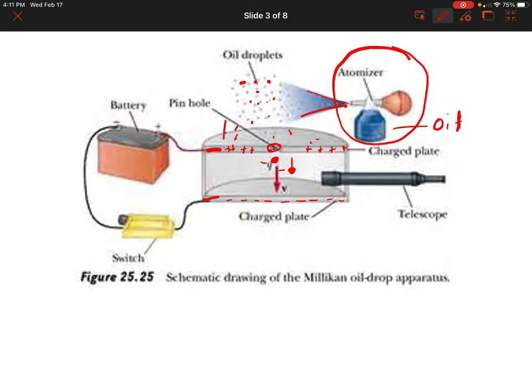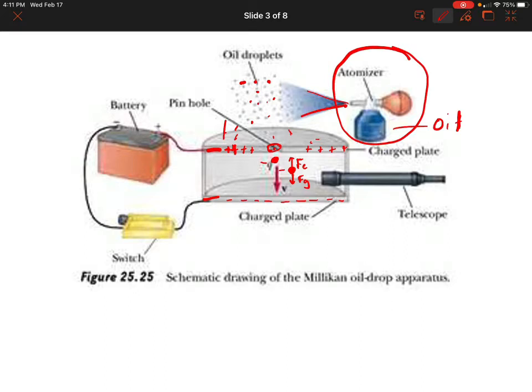Well, it's definitely being attracted upwards by the electric force. But usually these oil droplets are still large enough that they have a gravitational force. So he was able to figure out how much charge to put on the plates to make these forces perfectly counteract each other. And once he gets this to stay still, we know the sum of the forces equals zero because it's not accelerating.